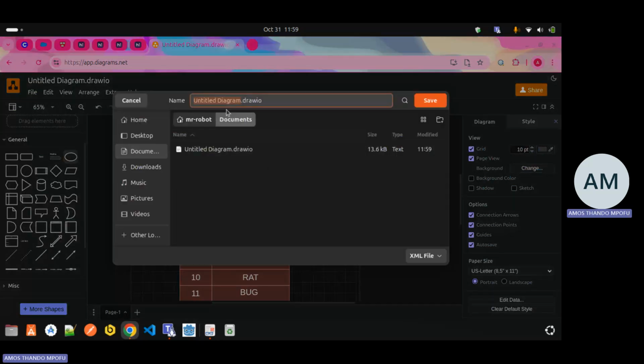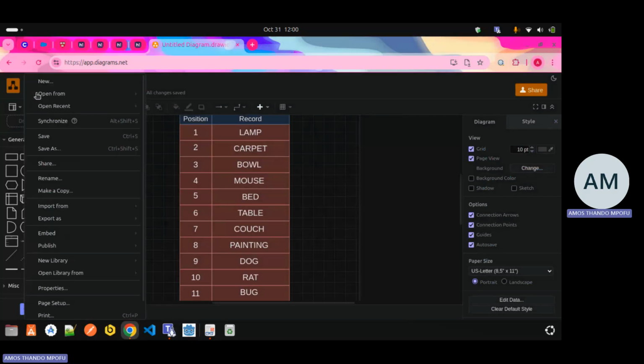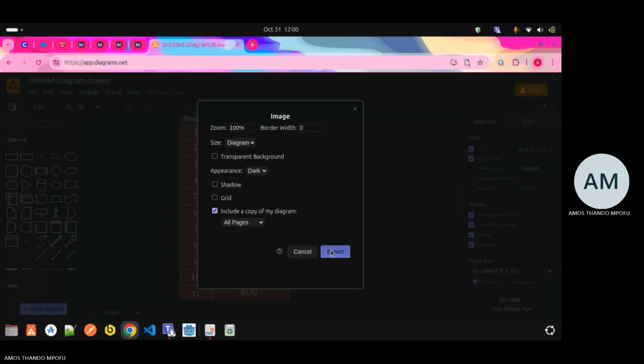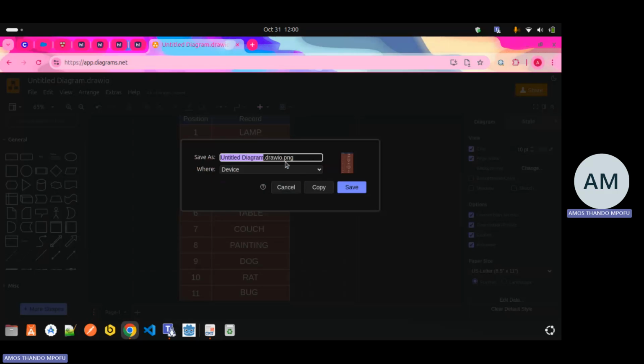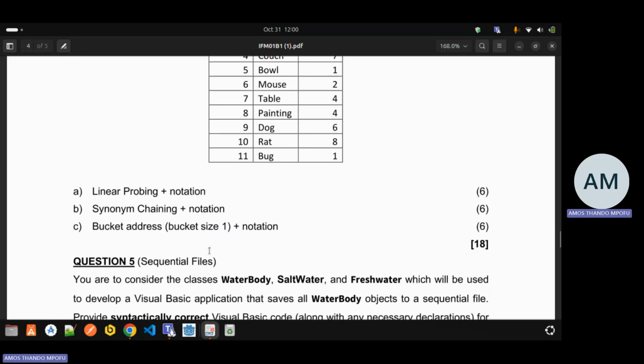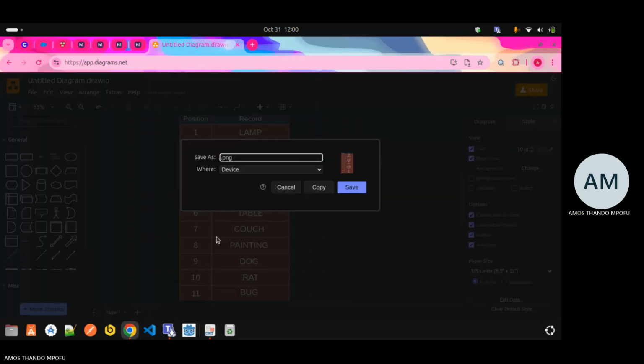as, I cannot save as, export as PNG, export, and then the name, this will be question 4, right? Yeah, question 4.